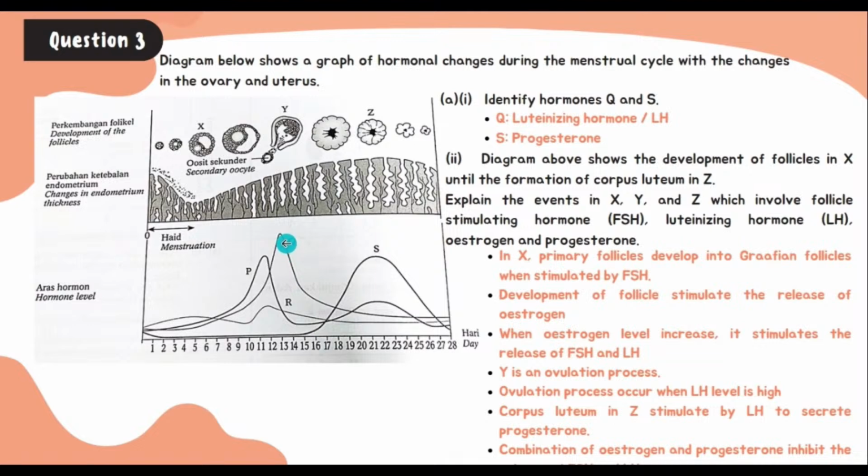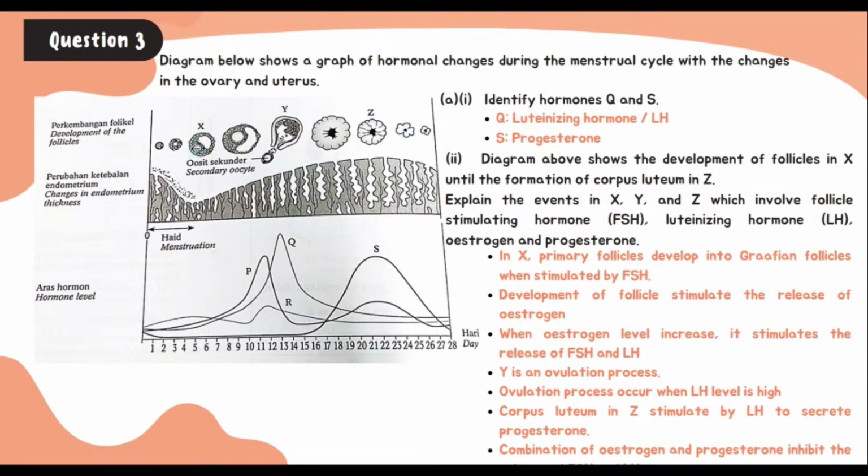So you can see the luteinizing hormone decreases here, and the follicle stimulating hormone also decreases here because of the combination between estrogen and progesterone that inhibits the pituitary gland from releasing the follicle stimulating hormone and luteinizing hormone. So that is how you relate the four hormones with the development of follicles in the ovary.